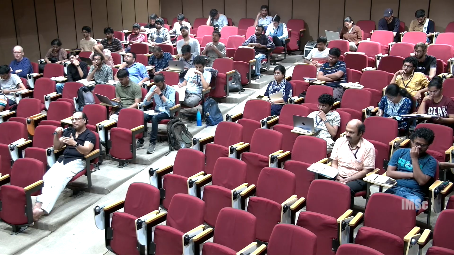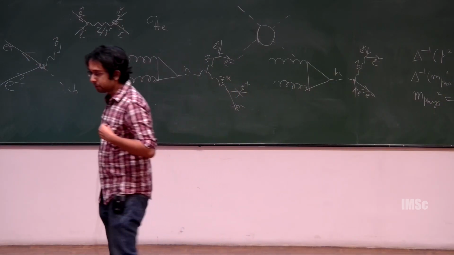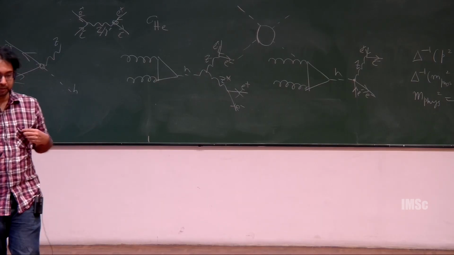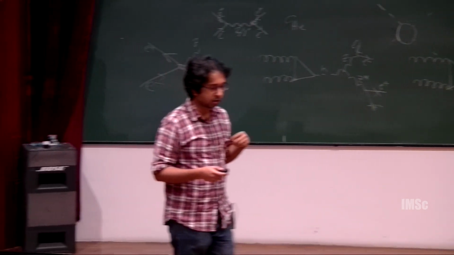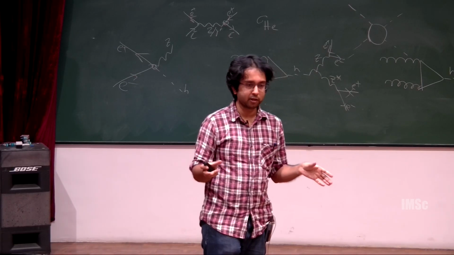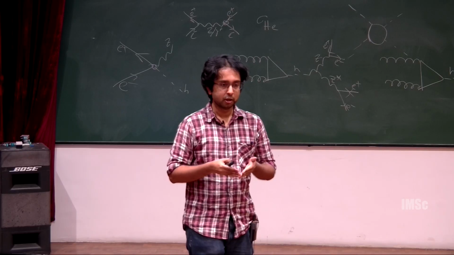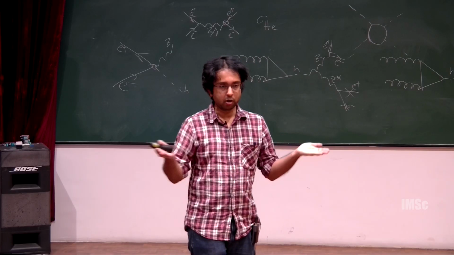So from bottom up, you mean? Yes, we'll get a different answer, because in the bottom up there's another difference in contrast to the top down. In top down, all these operators are not independent from each other. The Wilson coefficients are actually functions of the UV theory. But from a bottom-up approach, they are all independent parameters.